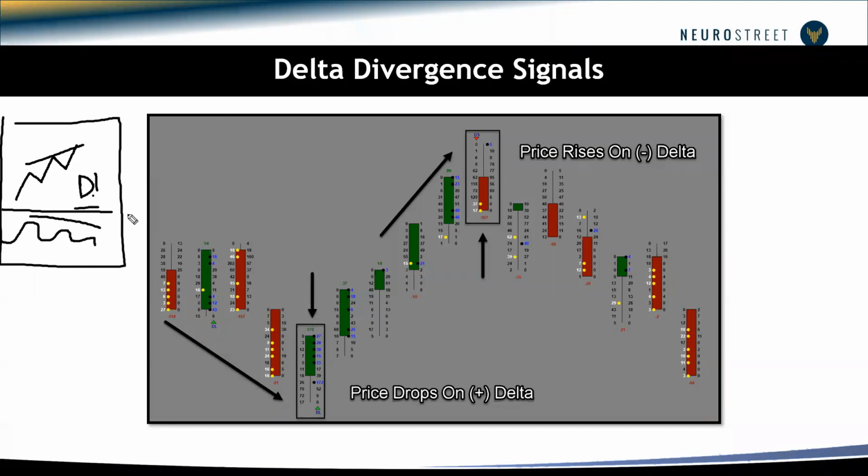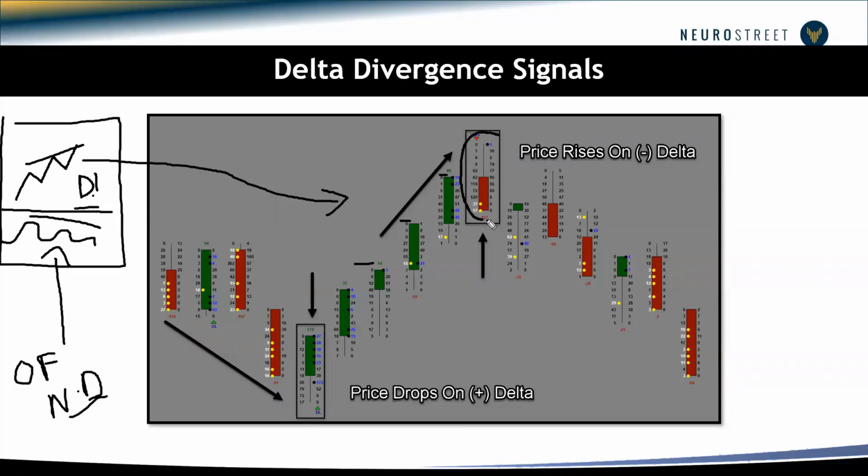What we do is we look at it from a different perspective. We're not using momentum. We're using price, but we're using order flow, primarily net delta. Prices are going higher, higher, higher, and it reverses after making higher highs in price on negative delta.